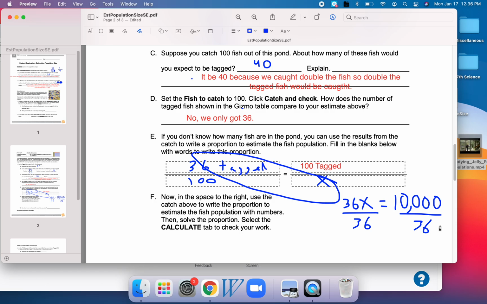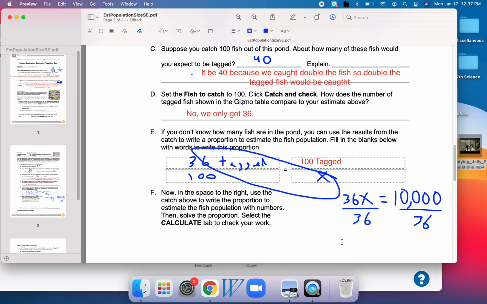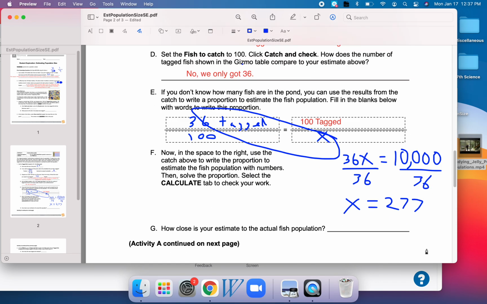So 10,000, if I type it in my calculator, 10,000 divided by 36 equals 277, just like the worksheet. So we would expect, what does this mean? If you have 100 tagged fish, we would expect there to be 277 total fish.